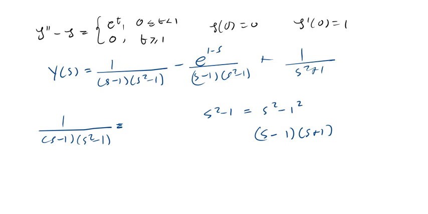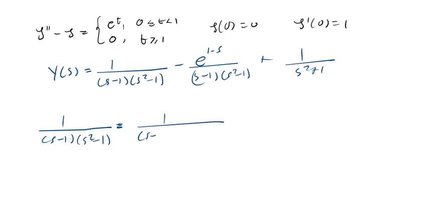Okay, then it simply means for this part we're going to have 1 over (s minus 1)(s minus 1)(s plus 1), that will be (s minus 1) squared, then I have (s plus 1), like this. So I feel like that one is going to work out compared to what I had earlier tried.